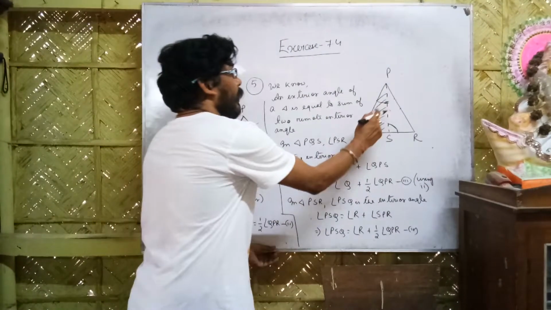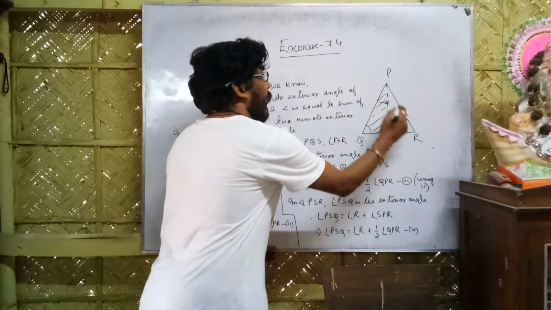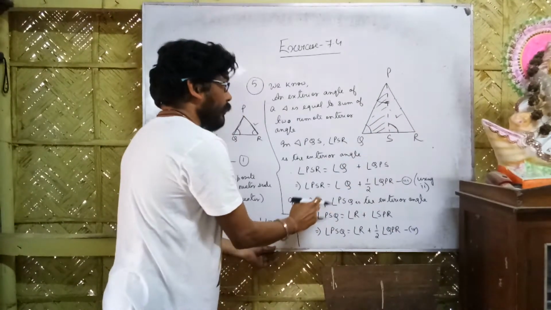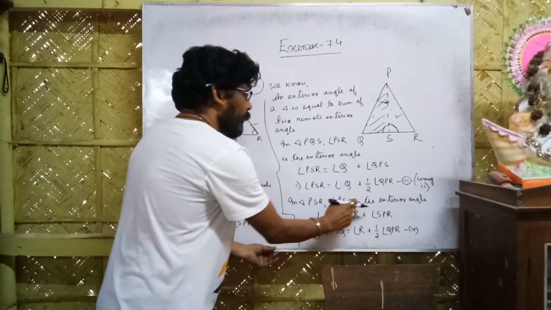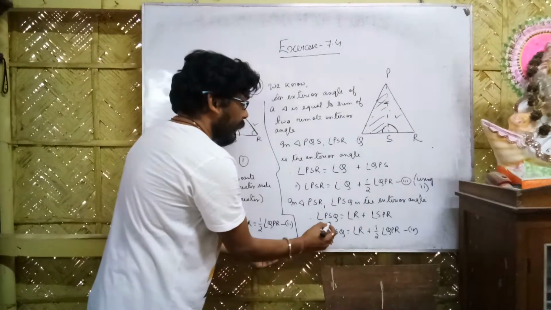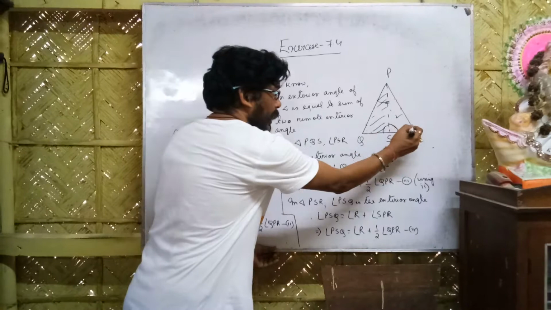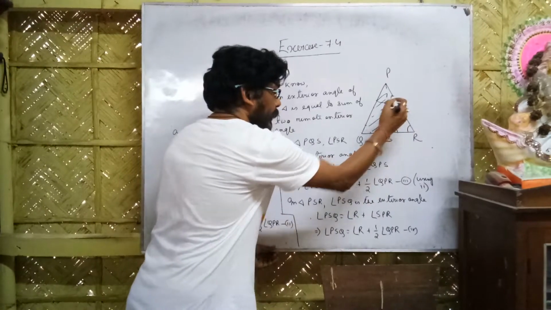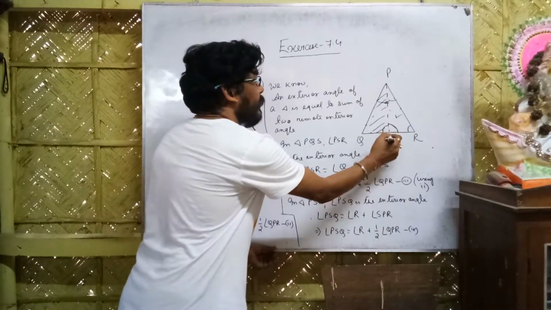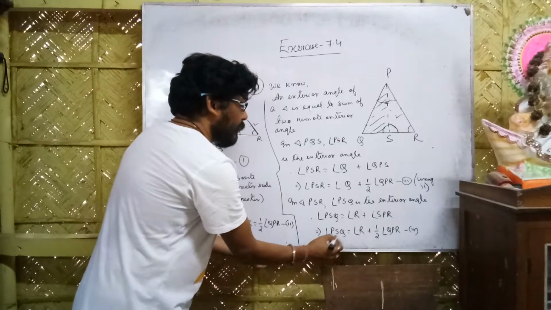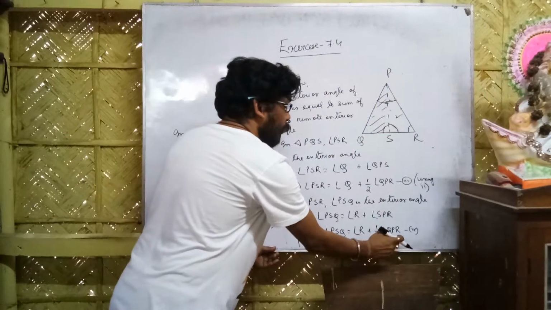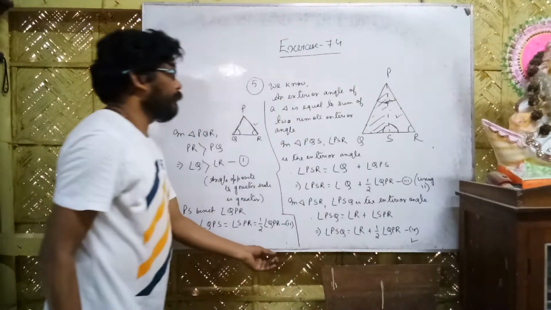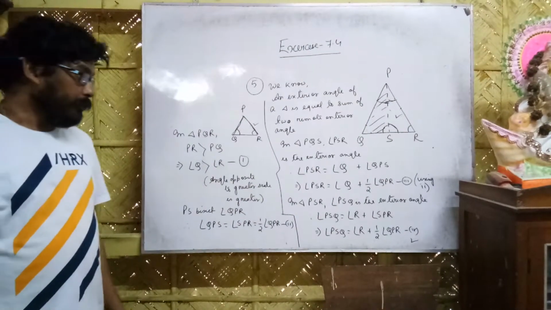Next, we come to triangle PSR. For triangle PSR, PSQ is the exterior angle. So angle PSQ is equal to the sum of these two, angle R plus angle SPR. Not QPS, SPR. So PSQ equals angle R plus SPR, which is half of angle QPR. Up to this much you write. Complete it.